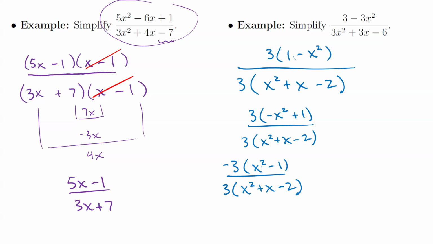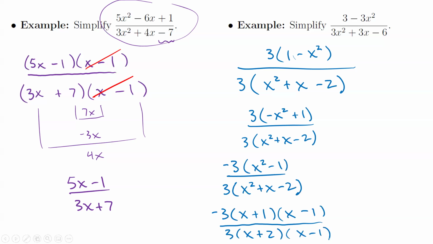But then I'm thinking both of these can factor in the reverse FOIL sense. So x squared minus 1 becomes x plus 1, x minus 1. And x plus 2, x minus 1. So now we have everything completely factored.